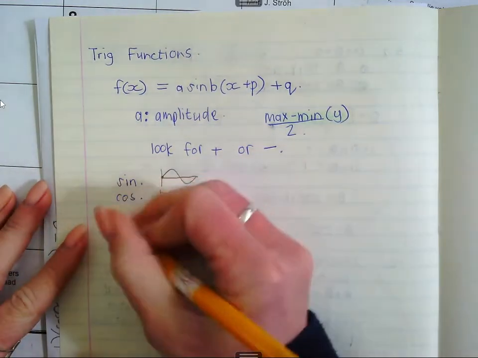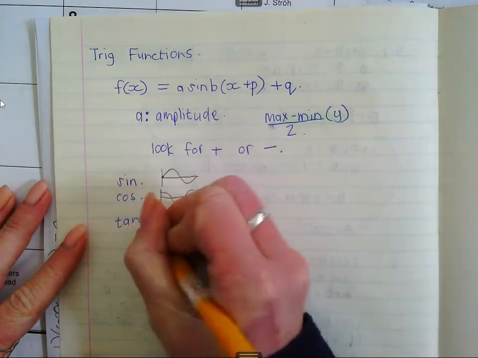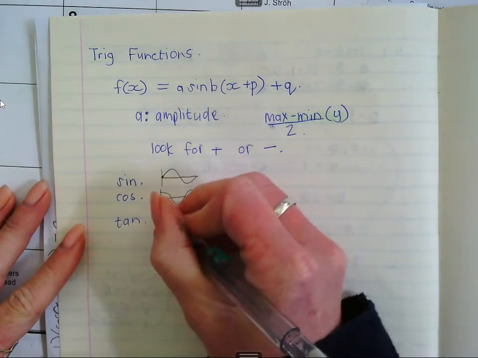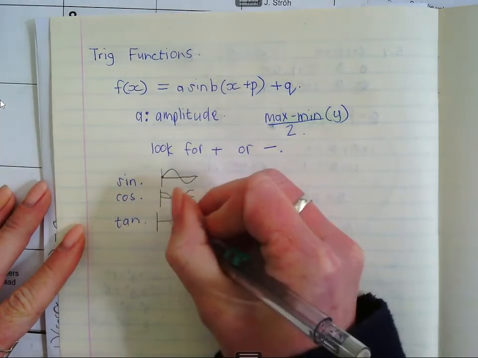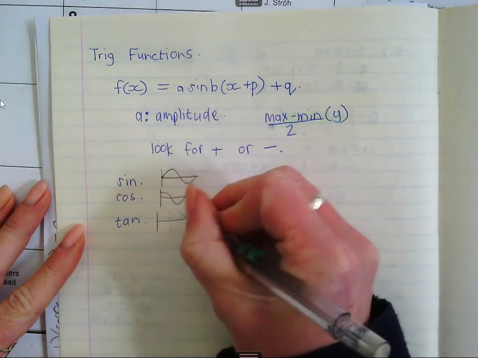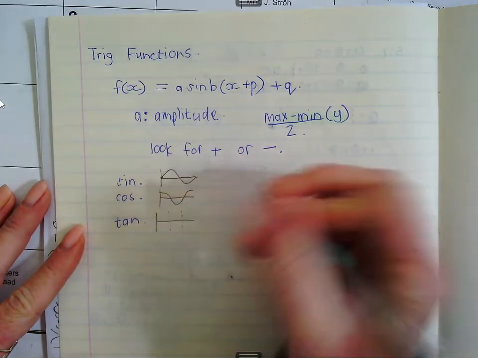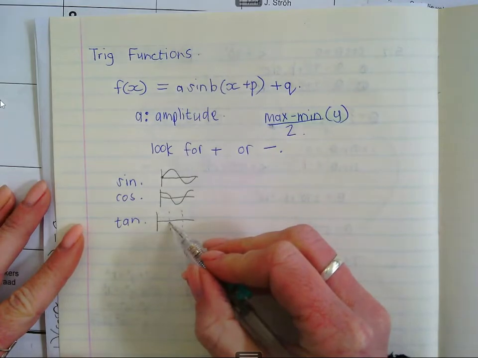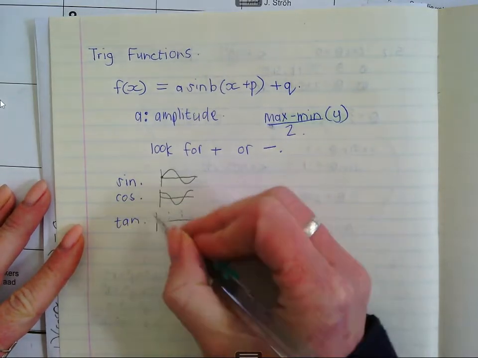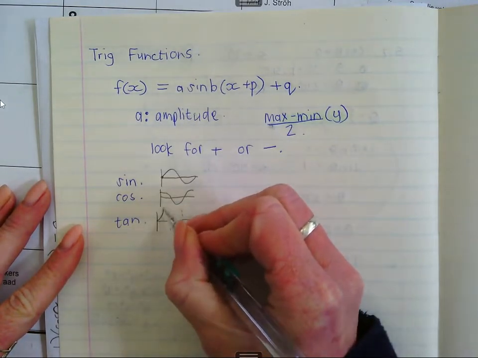And then the standard tan, do you know where those asymptotes are? 90 and 270. So it starts at 0 and 0, it goes up.